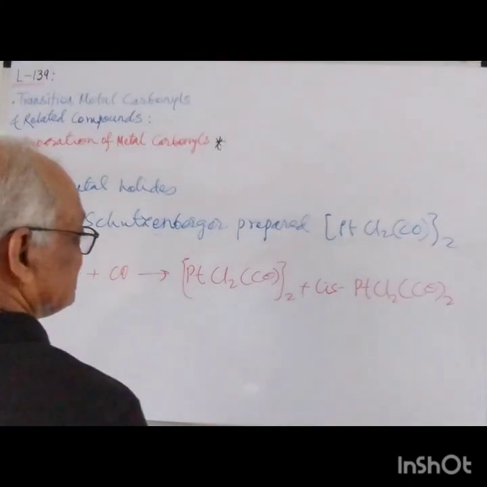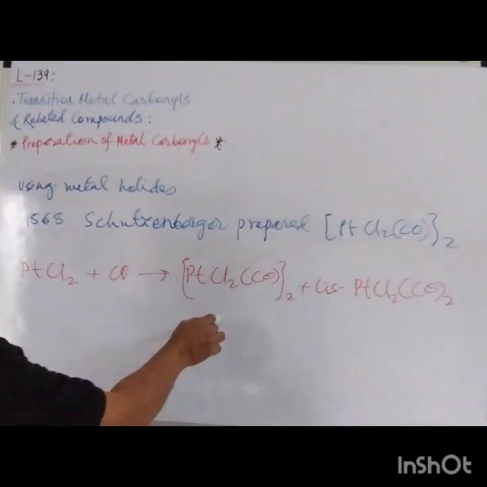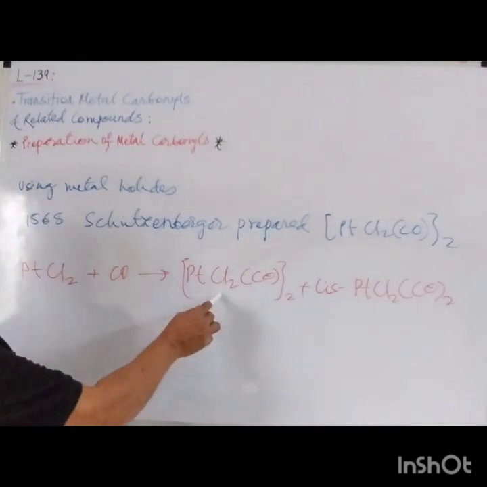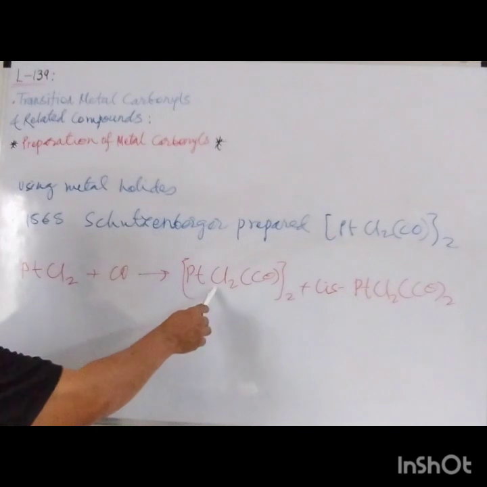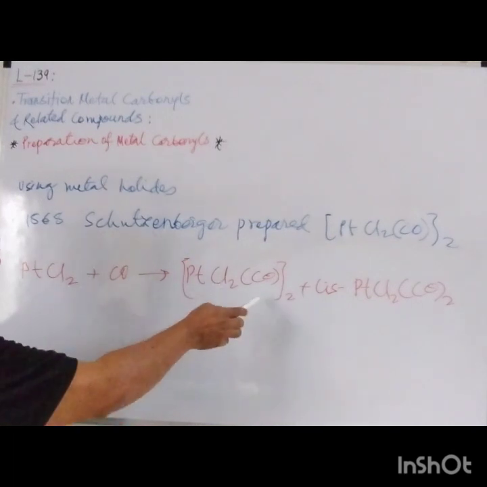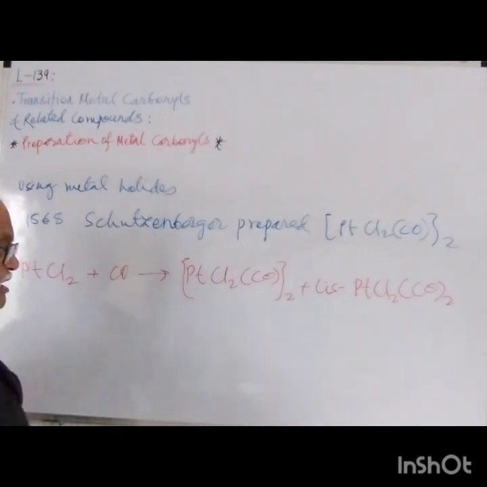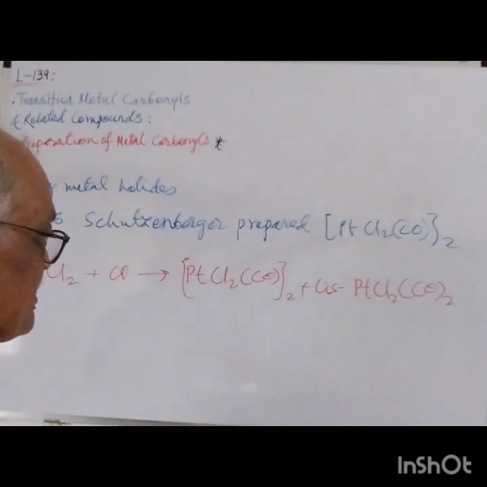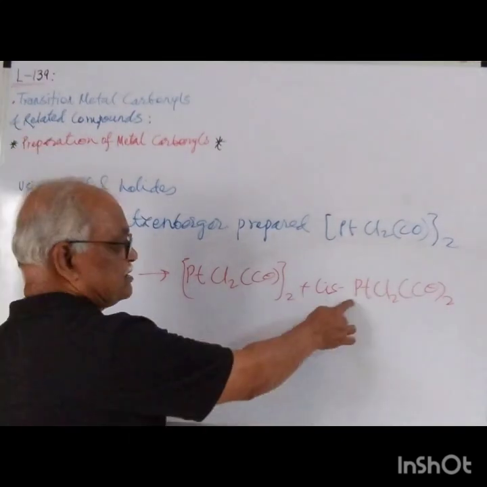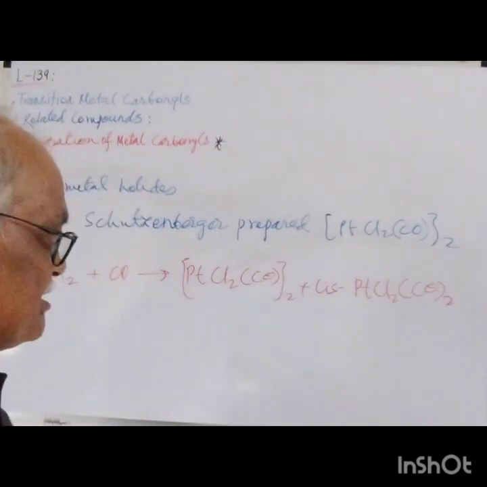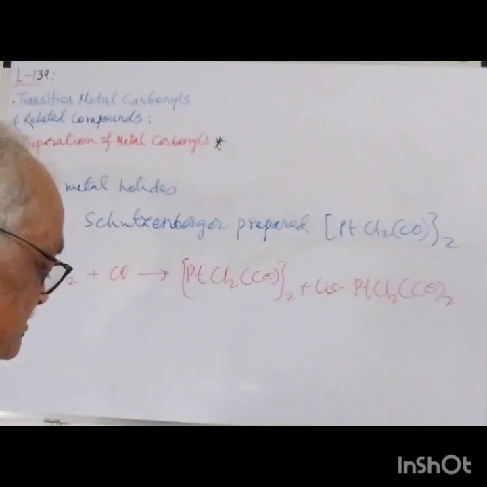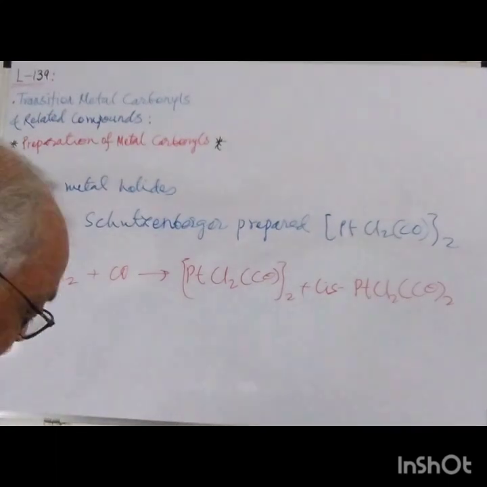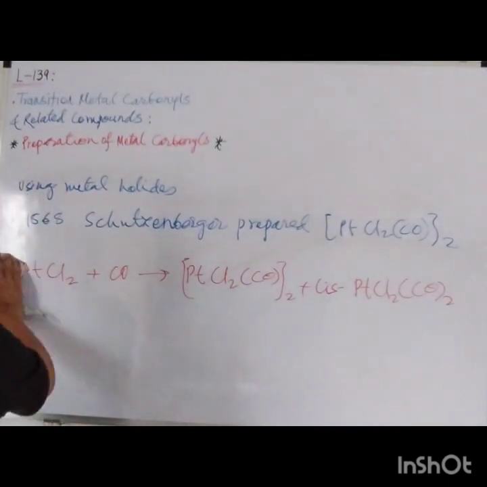So here we can see the formation of a metal carbonyl in a different way, in which two coordination points are used by Cl, that is halides, and carbon monoxide. So it is also giving a very important complex, cis-platinum PtCl2(CO)2.